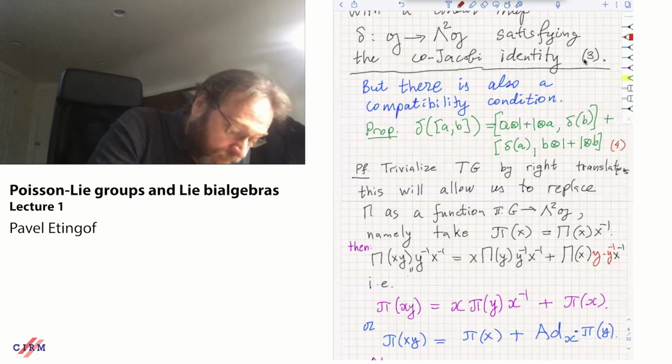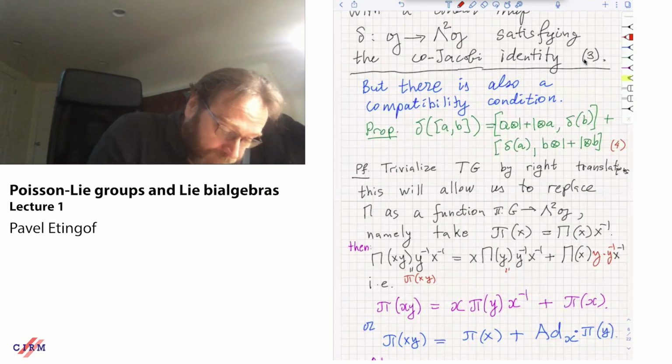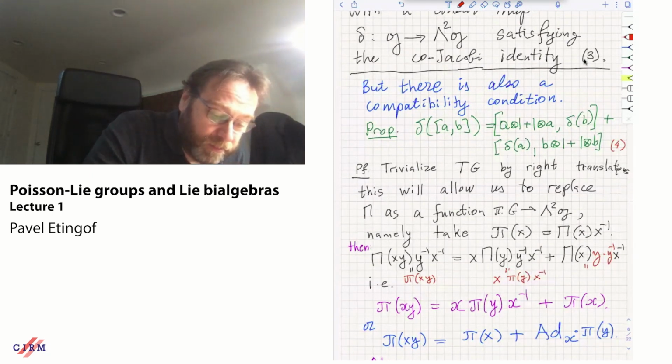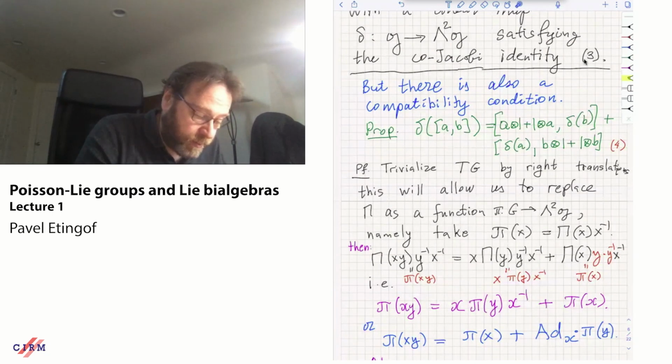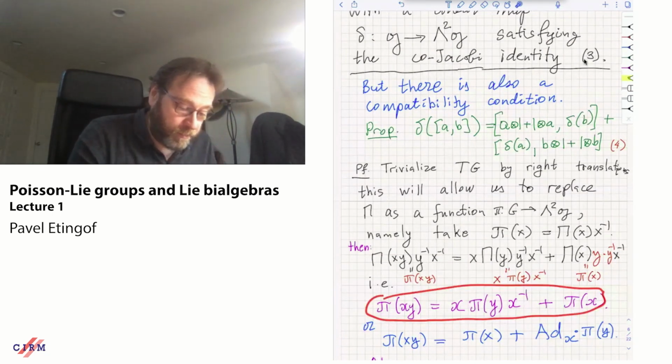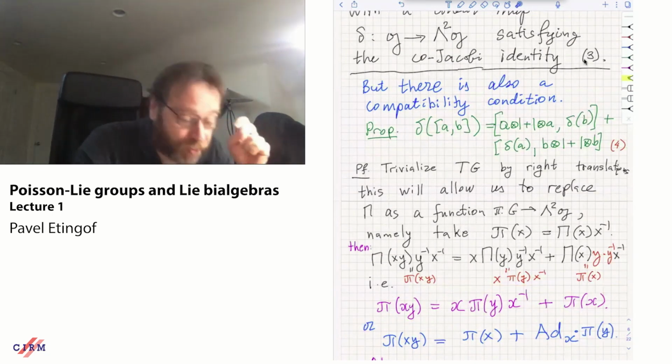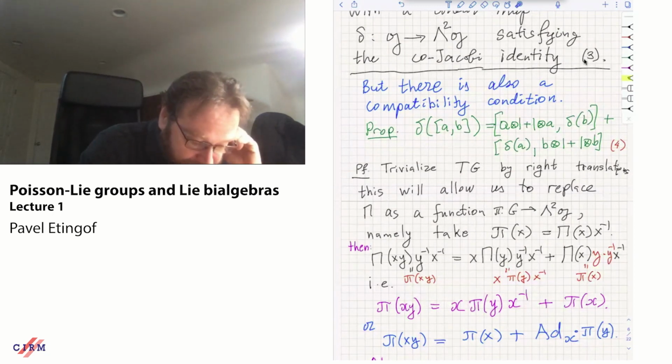And what you get is, so this is of course pi of xy, and this is x pi of y x inverse, and this is pi of x. So you obtain this equation here, but if you left translate something by x and then right translate it back by x inverse, this is simply the adjoint action of x.